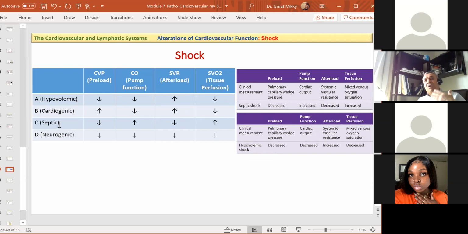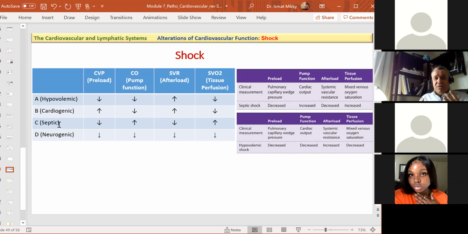The SVR will be increased because of the vasoconstriction. With hypovolemia, the patient would have vasoconstriction, so the perfusion to the tissues will be decreased. Cardiogenic shock will have an increased CVP, decreased cardiac output, increased SVR, and decreased tissue perfusion.